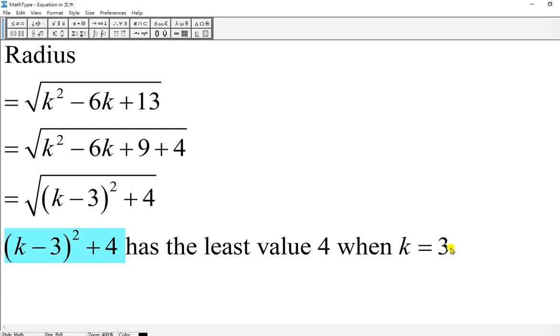Or you can think if k is 2.9, then 2.9 minus 3 and then bracket squared, you will also get the perfect square part a little bit greater than 0. So the whole expression will also be a little bit greater than 4. So we just want this perfect square part to be minimum. The only way is to set it to 0. And the only answer is when k equals 3, it will work.